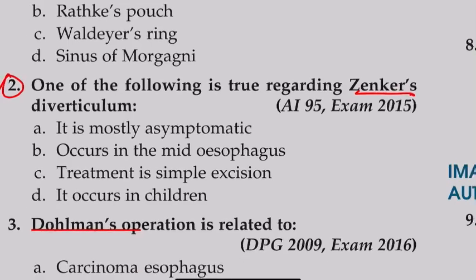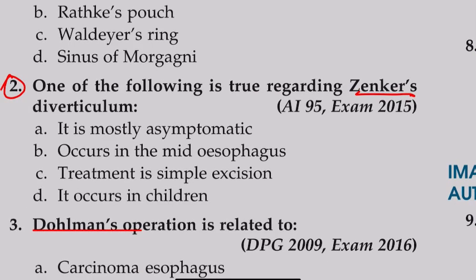Which one of the following is true regarding Zenker's diverticulum? It is mostly asymptomatic, occurs in mid esophagus. Treatment is simple excision. It occurs in children. Now what is true about Zenker's diverticulum is that treatment is simple excision, right? It usually presents with dysphagia and symptoms due to regurgitation of food into the respiratory tract, so it is not asymptomatic.